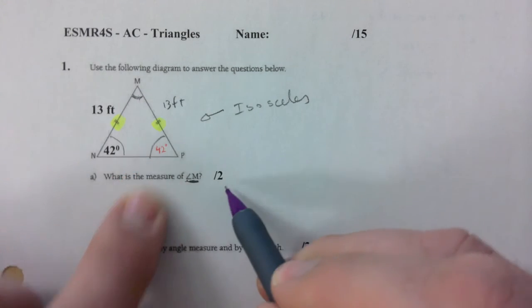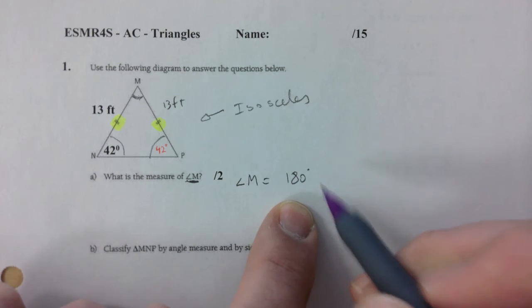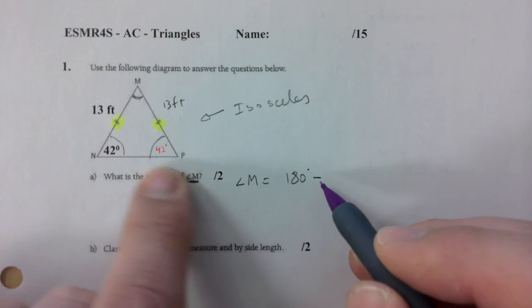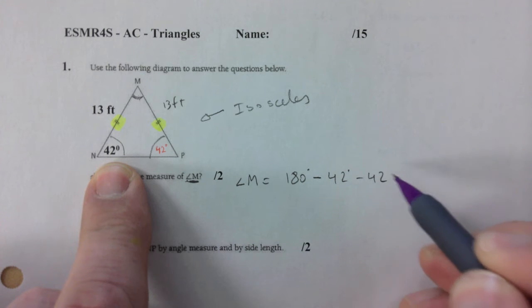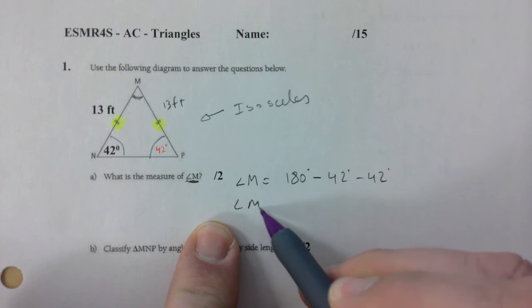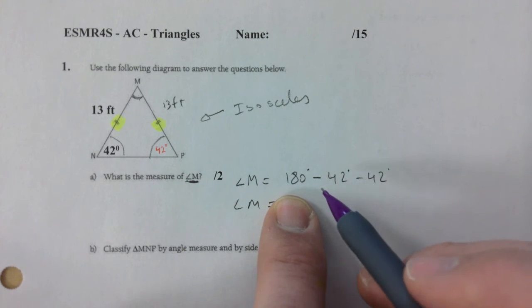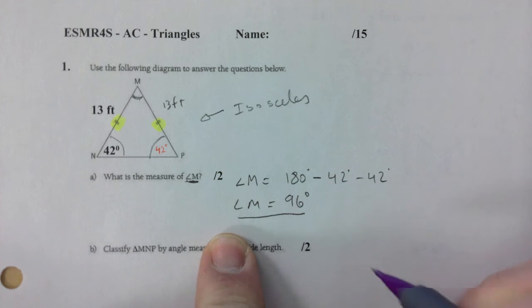So to find angle M, all we have to do is take 180 and subtract 42, 42, or 2 times 42, it's up to you. And that is 84, so that would be 96 degrees.